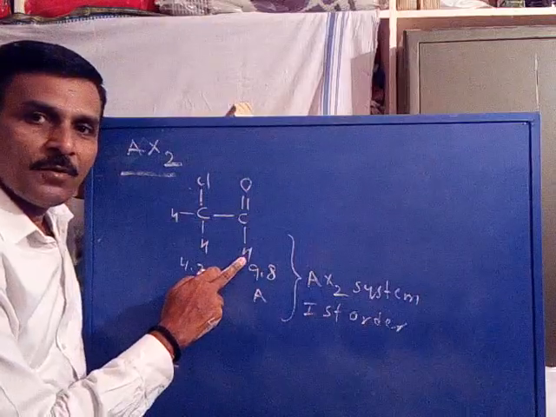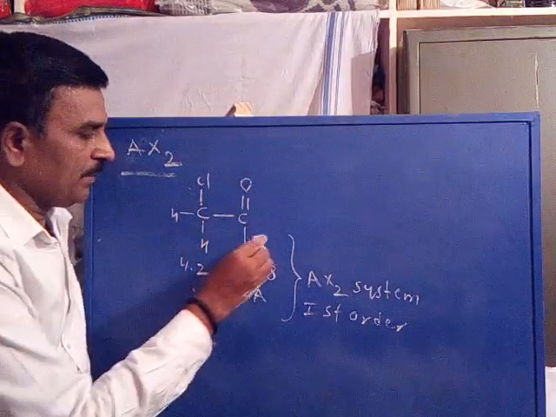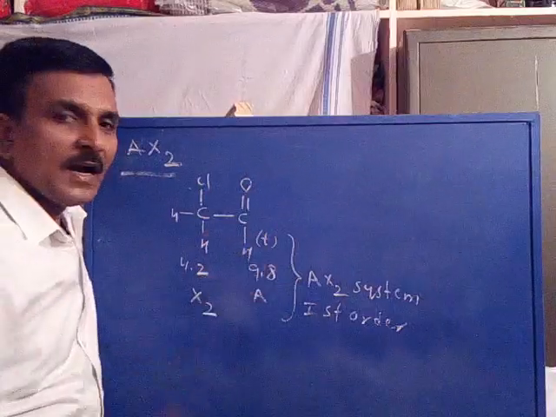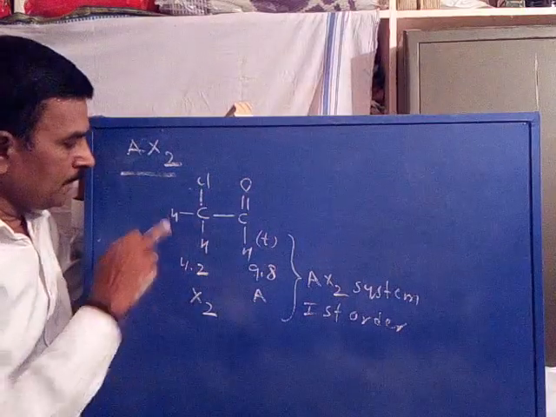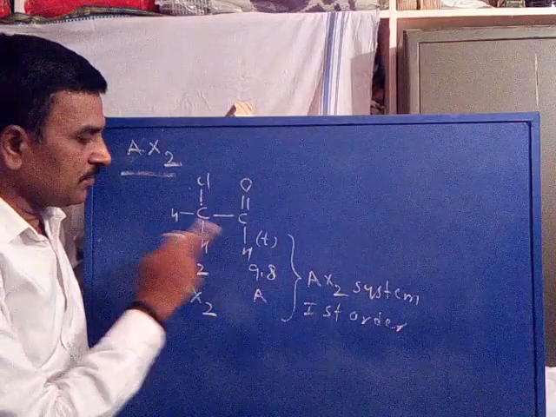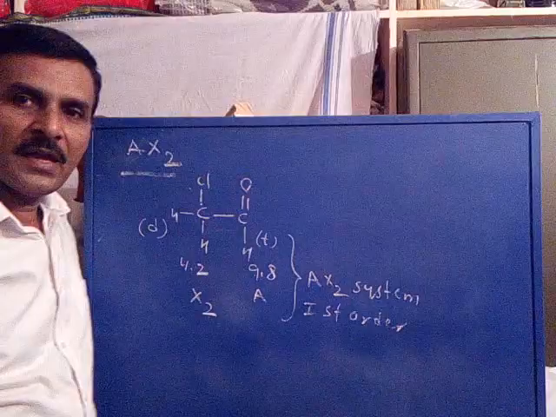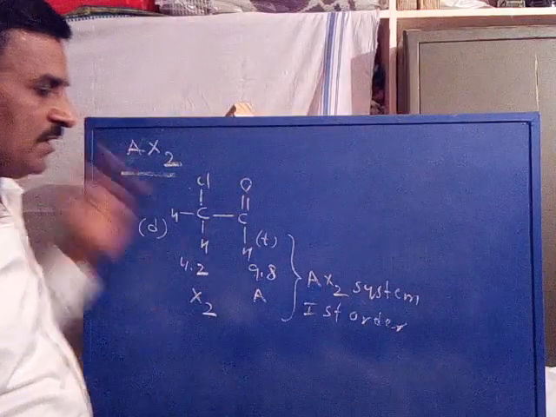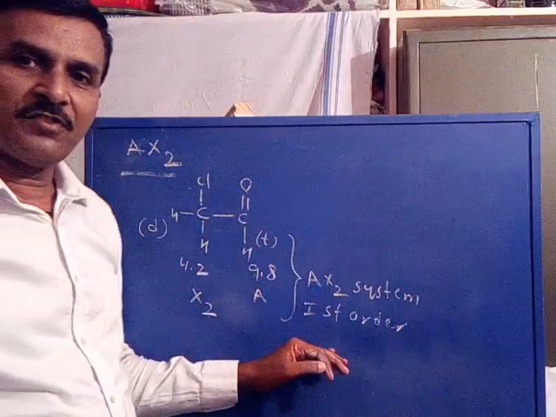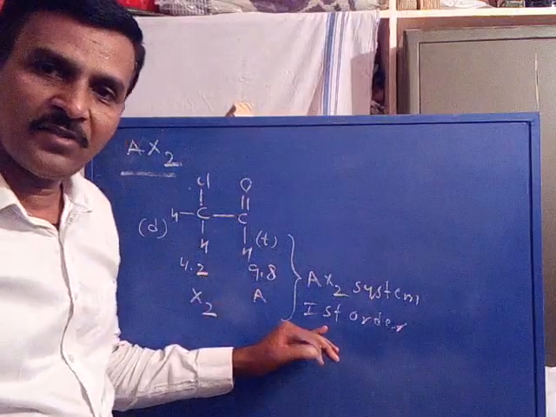The aldehyde proton is coupled with the two methylene protons, 1+2, so it appears as a triplet. The two protons are coupled with only one aldehyde proton, that is 1+1, so the methylene protons appear as a doublet. So this is an AX2 system of first order, because the large frequency difference indicates it is first order.